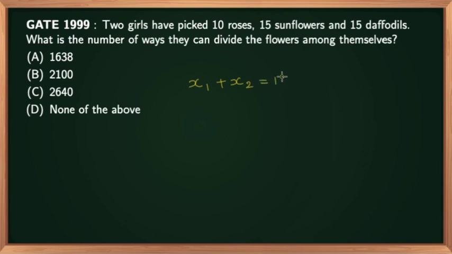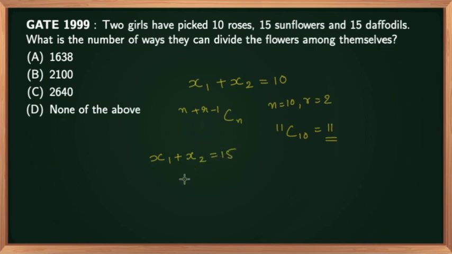So I need to divide 10 roses first among these two girls. So I can write H1 plus H2 equal to 10, where I get the total possible cases applying the formula n plus r minus 1 C n. Here n is equal to 10, r is equal to 2, so that will give me 11 C 10 equal to 11, right? Now dividing the sunflowers, 15 sunflowers I can do as H1 plus H2 equal to 15, right?